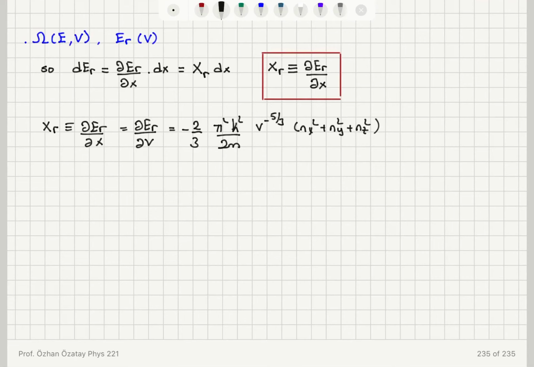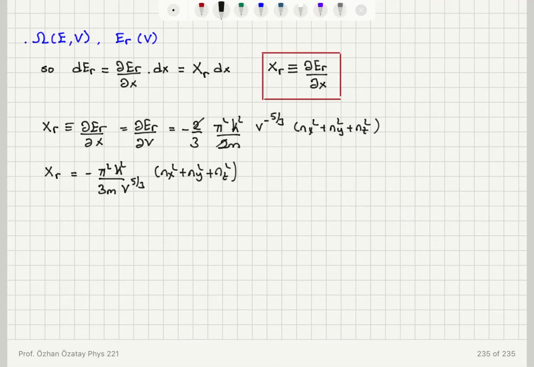So you can see that if I simplify, X sub r will be equal to minus pi squared h bar squared, because the 2's will cancel, divided by 3m V to the power 5 over 3, times nx squared plus ny squared plus nz squared.